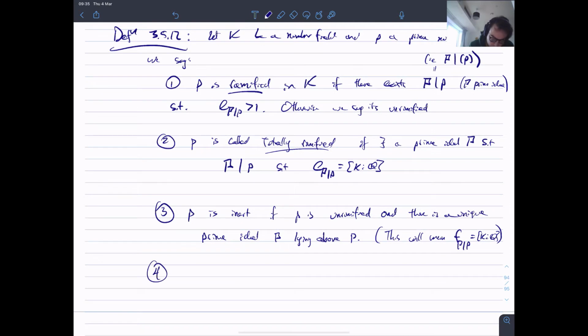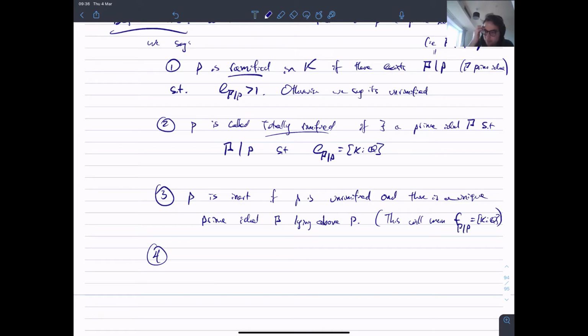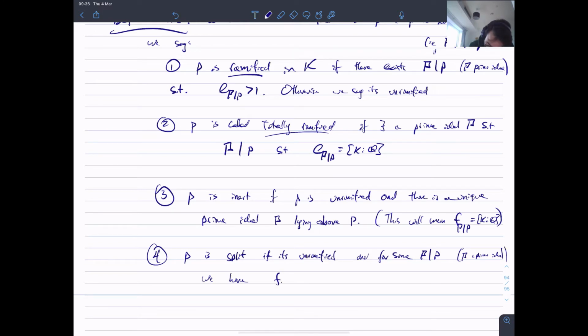And lastly, so we have ramified, totally ramified, which is like a special case of ramified. We have inert, and now we have split. So p is split if it's unramified, and for some prime ideal P dividing p, again, P prime ideal, for one of these prime ideals, we have the residue degree of this being 1.